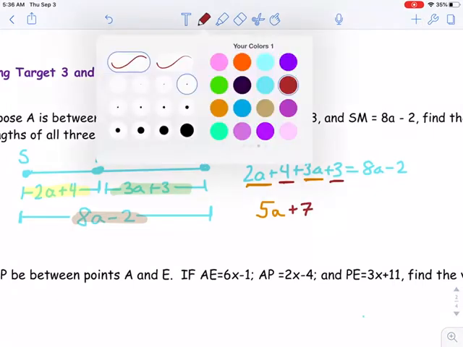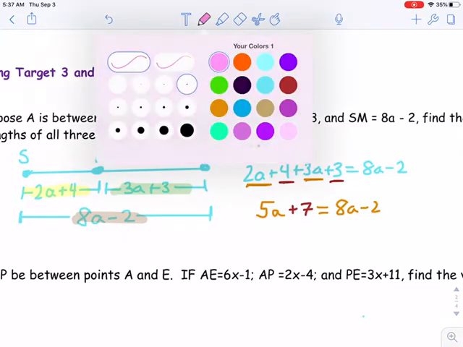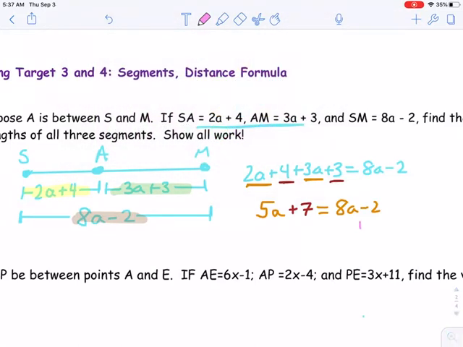And notice how I really try to limit how many steps I'm doing per line. I'm trying to be pretty precise, be very thorough, write out everything that I'm doing. Because you students like to combine steps, and then next thing you know, you have a silly mistake, you don't know where you went wrong.